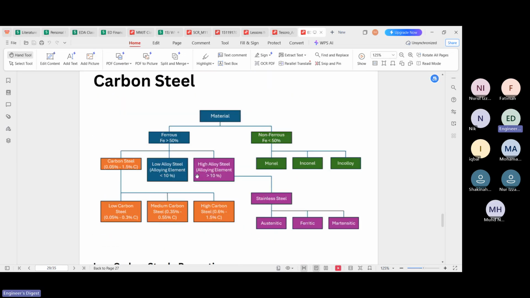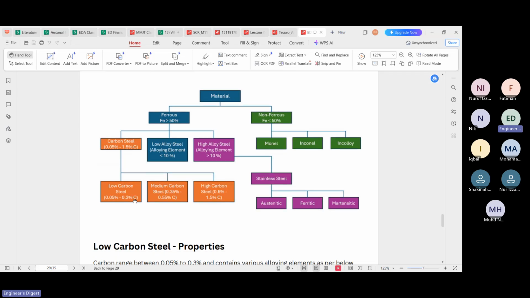Okay. So we have understood this is the carbon. This is the material family. Material is divided into ferrous and non-ferrous. Carbon steel is under ferrous, but what we use in our refinery and petchem for pressure vessel is low carbon steel. Why do we use low carbon steel? Because we need to control its carbon content.